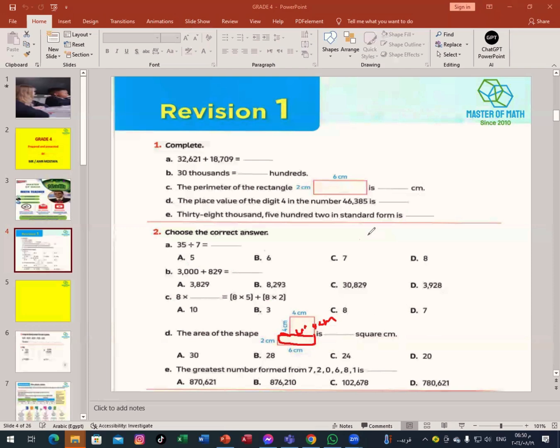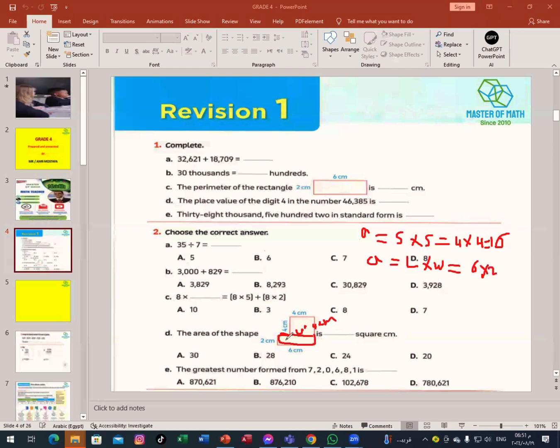The area of the square equals side S times itself, 4 times 4 equal 16. And the area of the rectangle equals L times W, length times width, so 6 times 2.